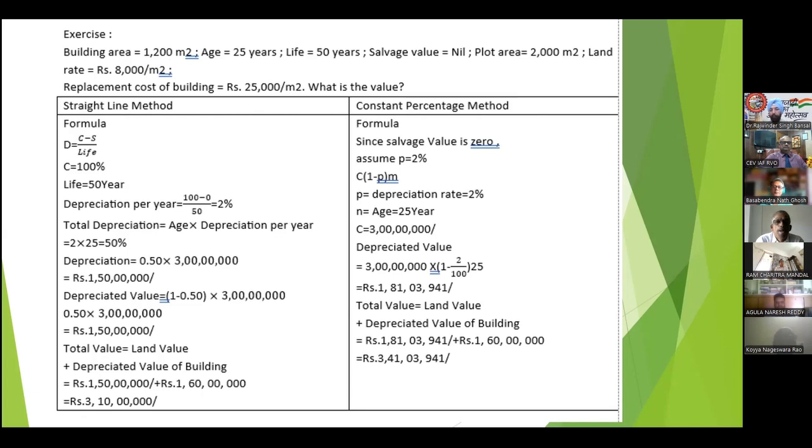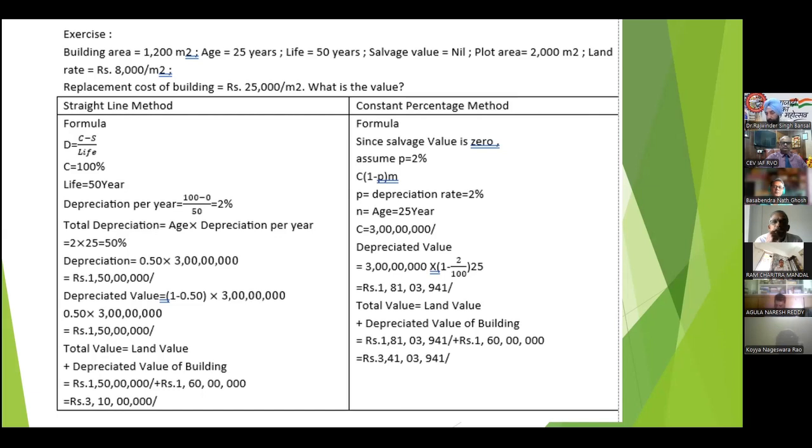So you have to find the value of the building. Here we will just take the cost of land as given. No market analysis will be done here. We will just be calculating the mathematical or theoretical value.